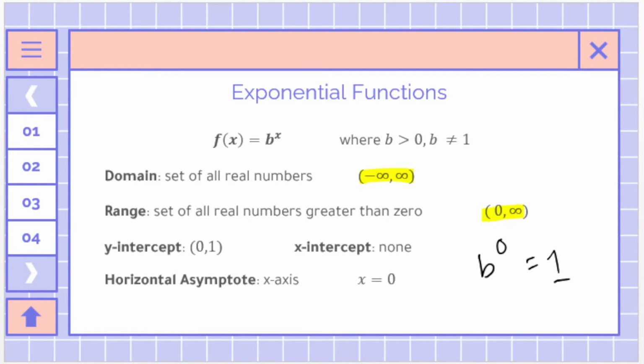So therefore, our y-intercept is 0, 1. Now, for the x-intercept, we do not have an x-intercept. And for the horizontal asymptote, it will always be y equals 0, or simply our x-axis.